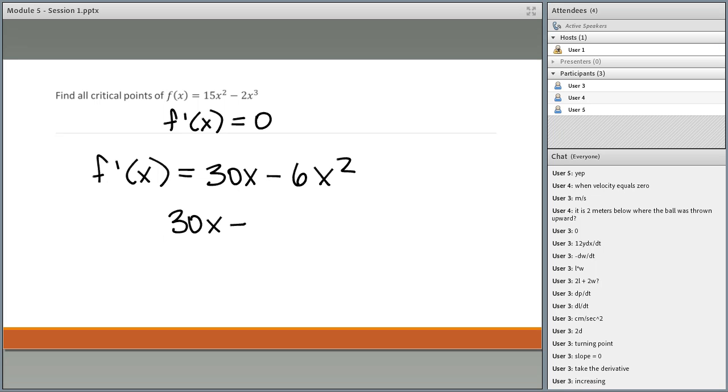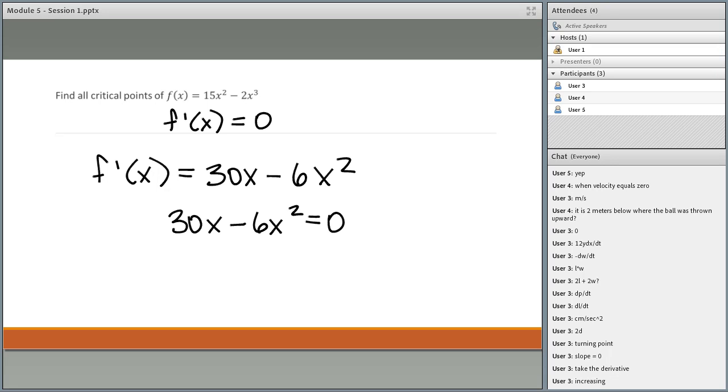So I have 30x minus 6x squared equals 0. One thing that I recommend doing when we're solving questions like this, where we're trying to find x values, is rather than move the 6x squared over to the right, because then you might think to cancel the x, and we can't cancel the x because we would miss out on one of the x values.